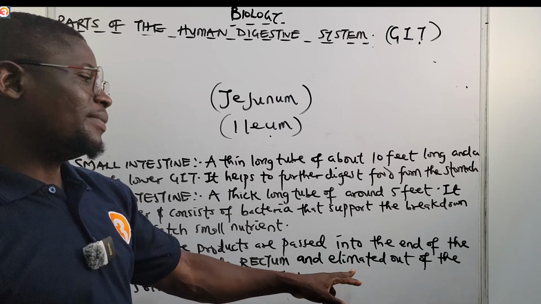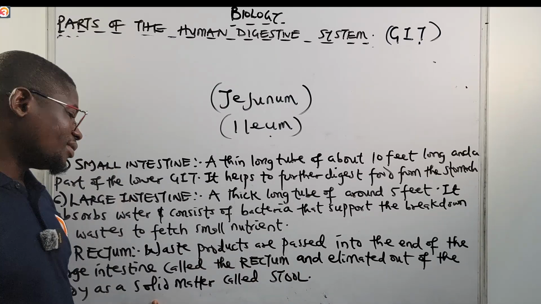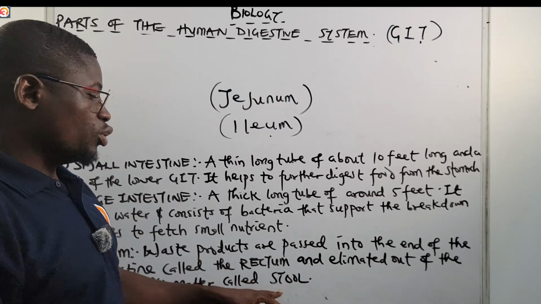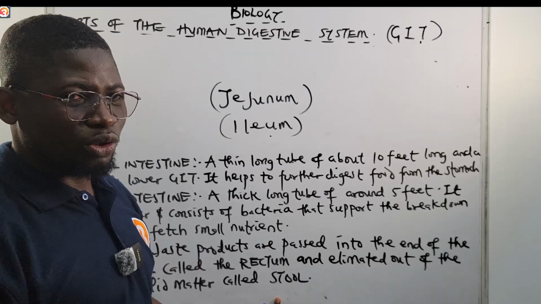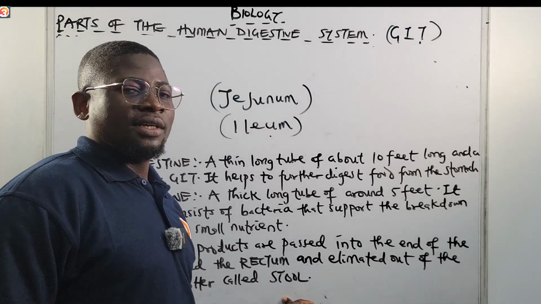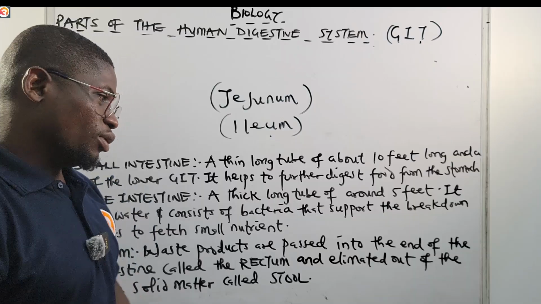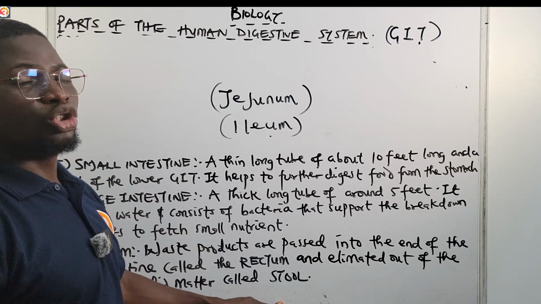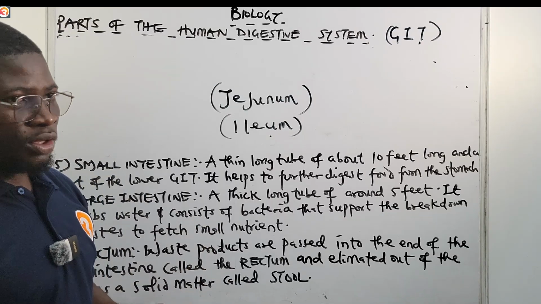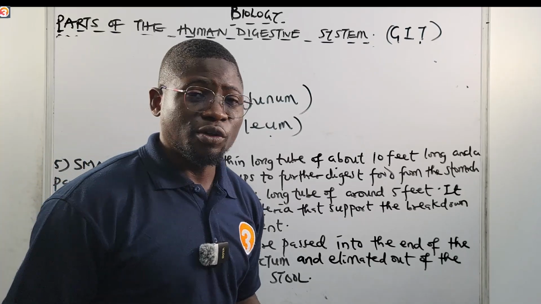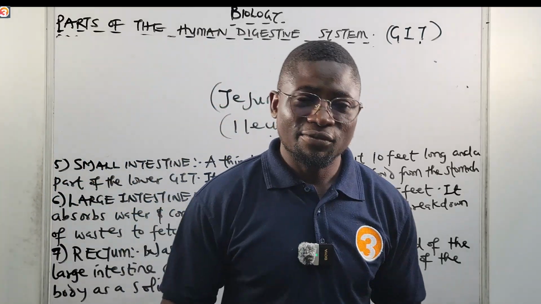And of course, they are eliminated out of the body as solid matter called stool. In the process called defecation, they are removed from our body through the anus. So these are parts of the human digestive system.